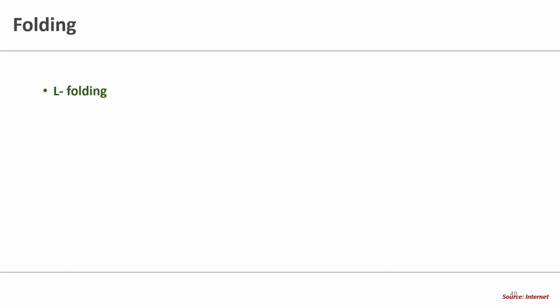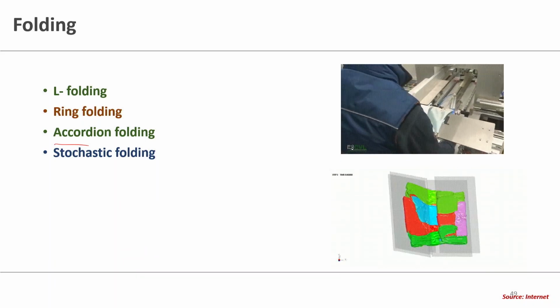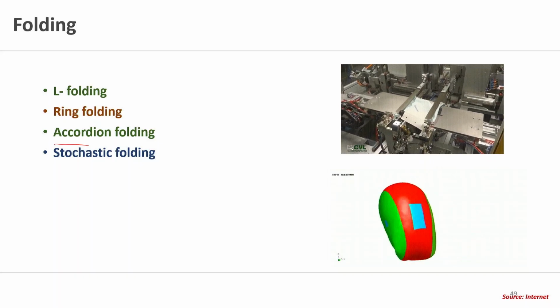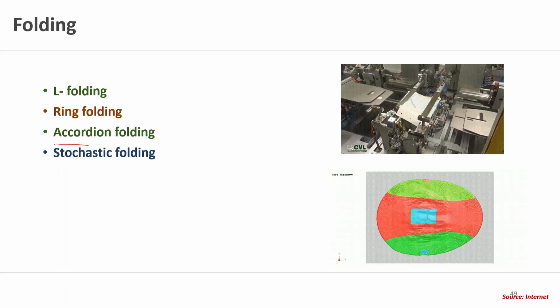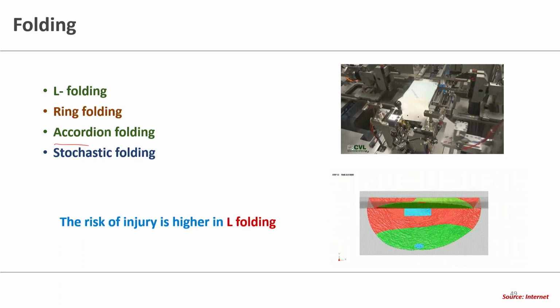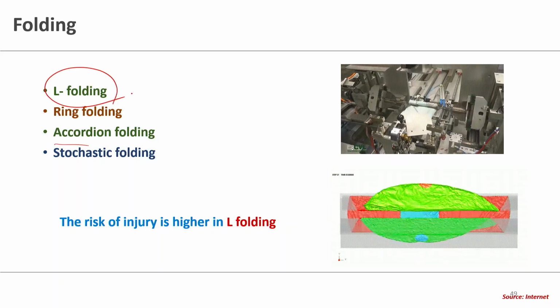There are different types of foldings: the L folding, the ring folding, accordion foldings, then stochastic foldings. These are the different types of foldings of an airbag, and after folding it has to be encapsulated and put in the system. The higher injury risk is there if we have L folding.